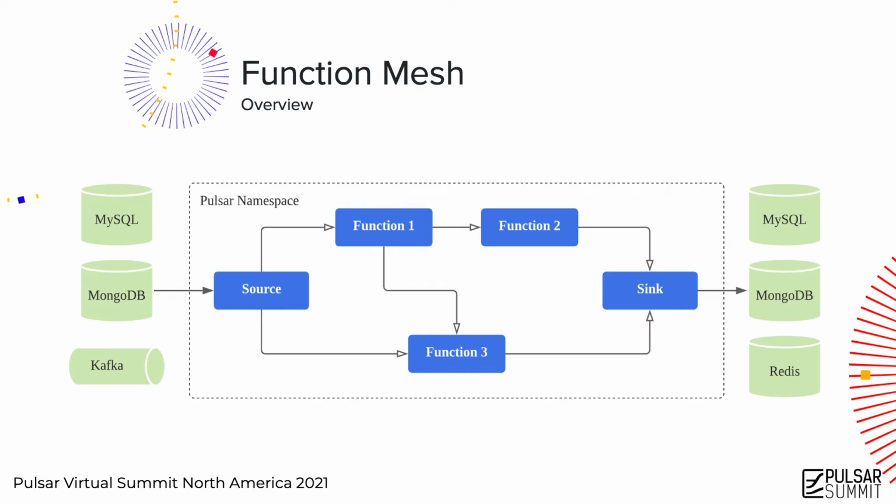A solid arrow defines the data from or to the external services connected with Pulsar topics. An outlined arrow defines the Pulsar topics that connect different functions and connectors. So here is what a mesh looks like. We assume a complex data processing flow is built with multiple Pulsar functions and IO connectors, all connected by Pulsar topics and defined as one mesh.